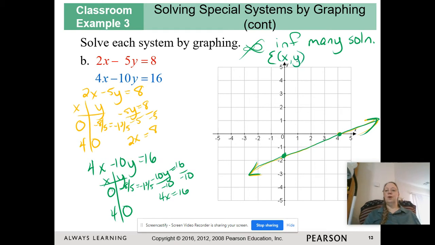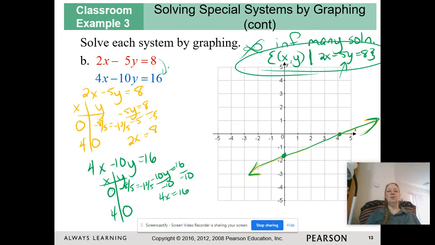Our answers are going to be a set of ordered pairs, so we have to put x, y to indicate that our answers are ordered pairs, such that, pick one of the equations, it doesn't matter which, 2x minus 5y is equal to 8. We would read this as the set of all ordered pairs x, y such that 2x minus 5y is equal to 8. Keep in mind this equation in here could be either one of these two.